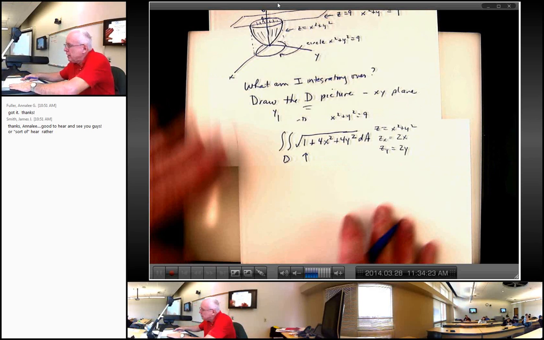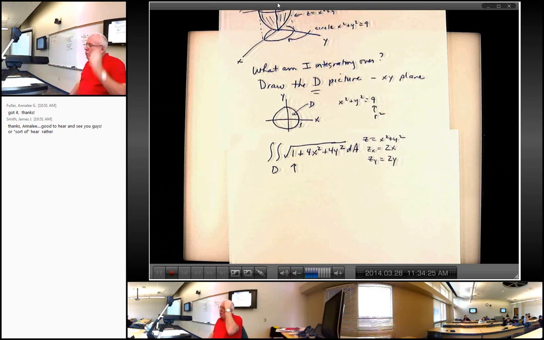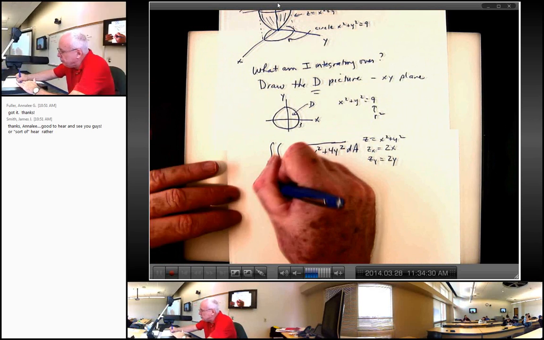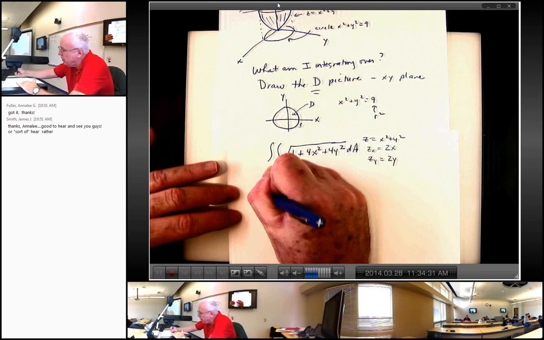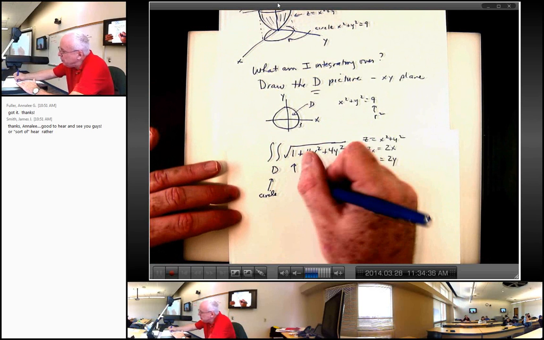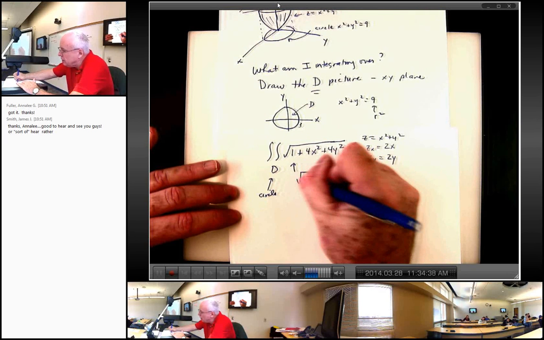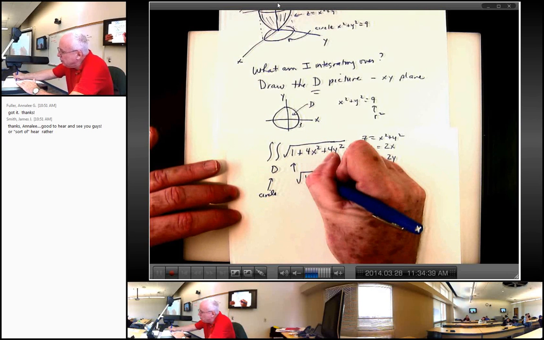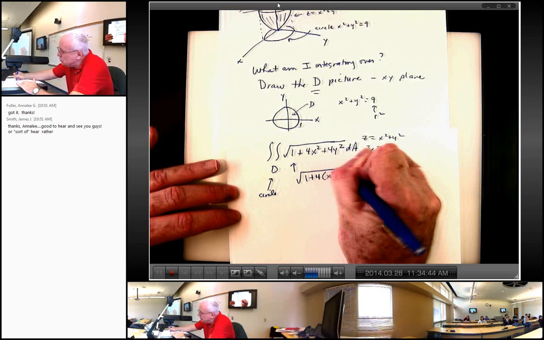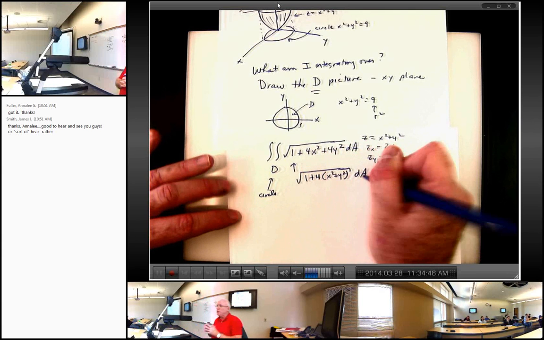So look what we have here. We're going to be integrating over a circle. And notice what we have here. This can be rewritten as 1 plus 4 times, in parentheses, x squared plus y squared.